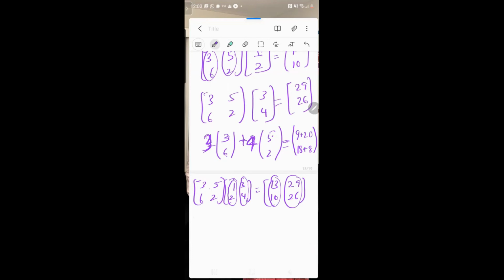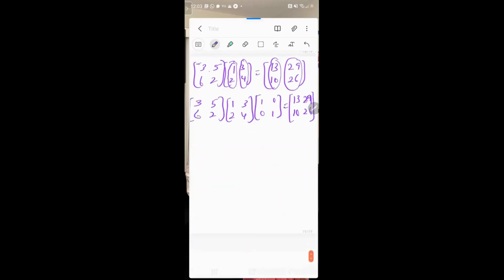But this itself means I started with 3, 6, 5, 2, 1, 2, 3, 4 and 1, 0, 0, 1, right? I started with my unit vectors and this is where my unit vectors landed up. That's what this really means. So I started with my unit vectors in this direction, these tiny lines.